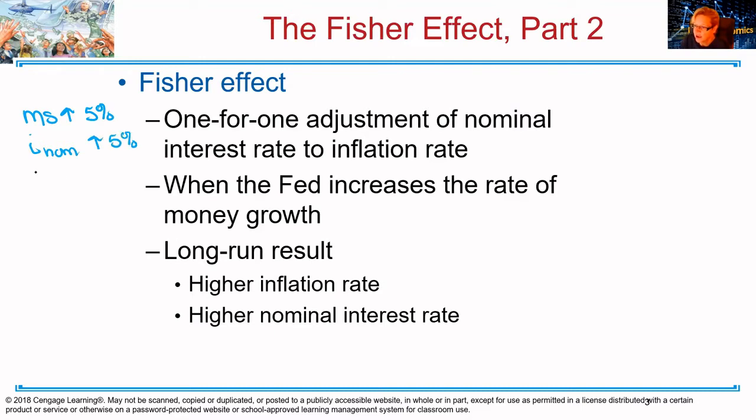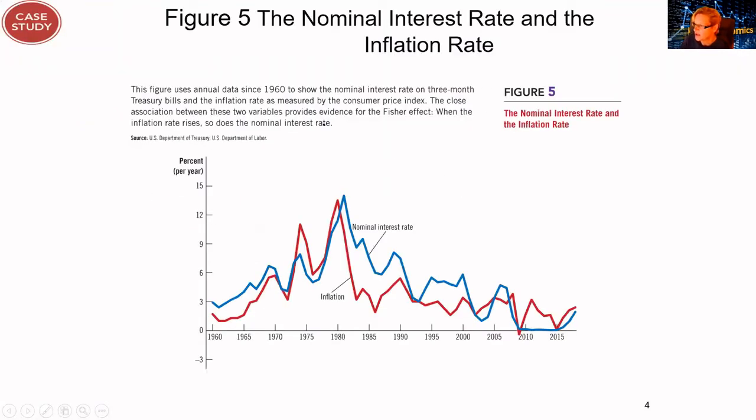The real rate of interest will remain unchanged. So essentially everything is absorbed in the inflation rate, which is part of that nominal rate, and that would be going up 5%.